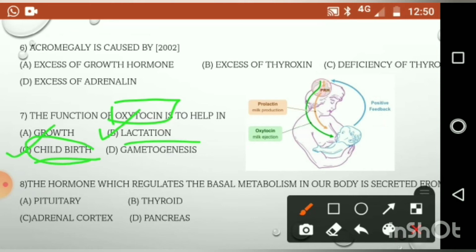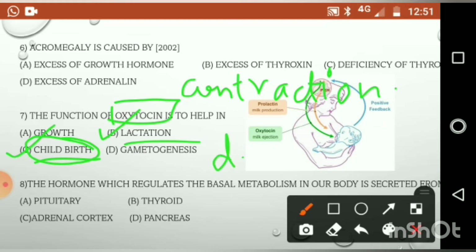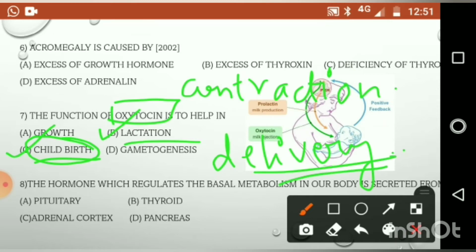Now first let us focus on childbirth. Basically what happens is that when there is contraction of the uterine muscles, that time oxytocin is released, and with an increase in the release of oxytocin, the uterine contractions will become more and more stronger, which will finally lead to the expulsion, or you can also call it delivery, of the baby.